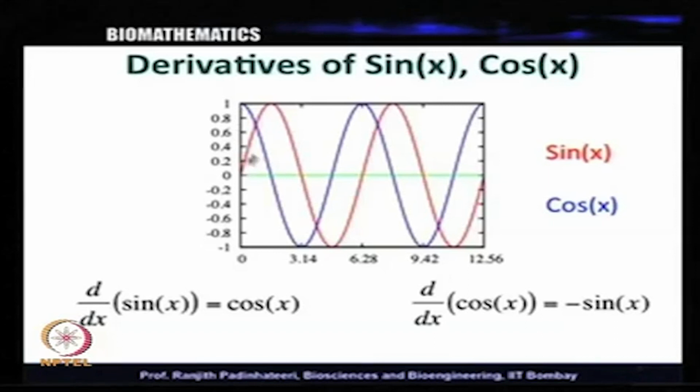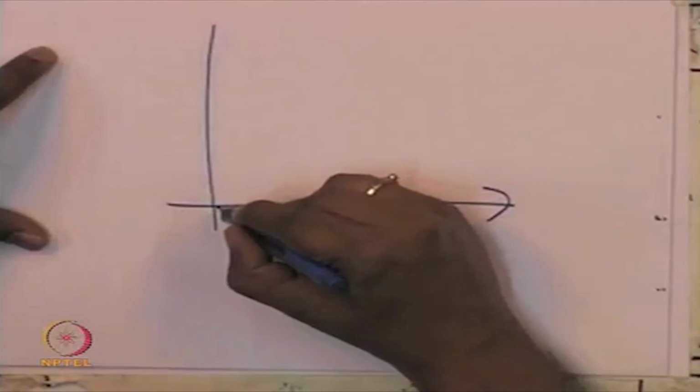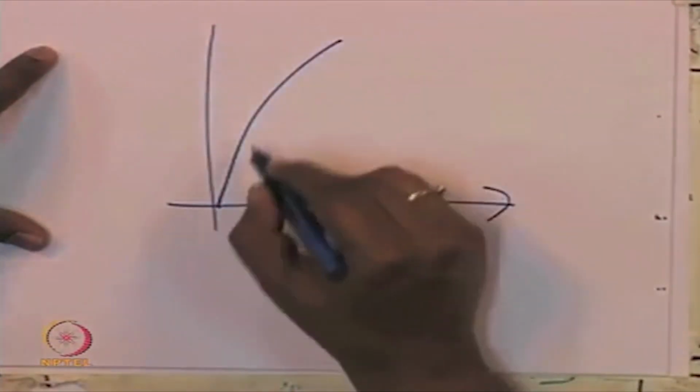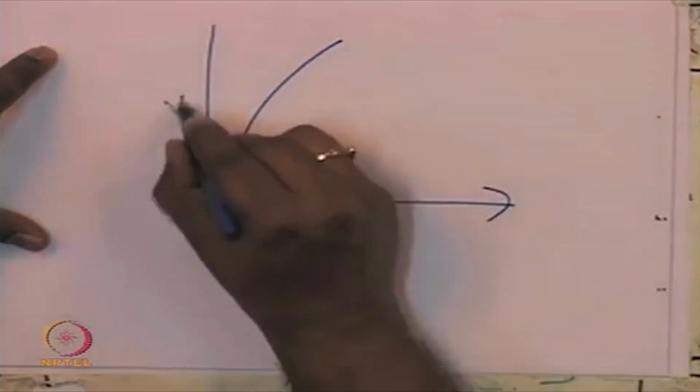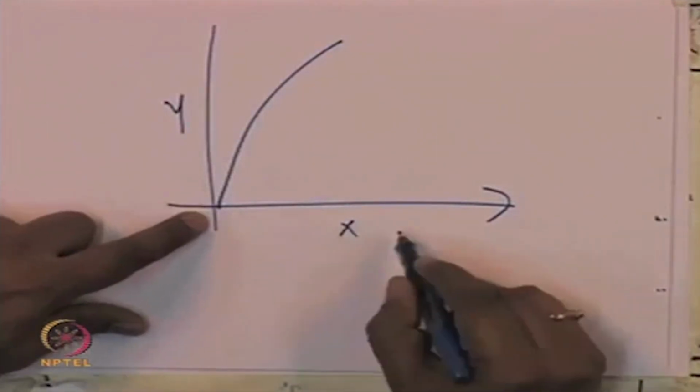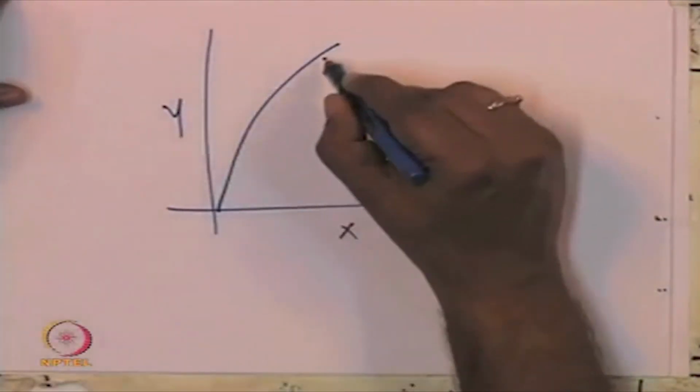Concentrate only on the red curve. When you look at the red curve, you can see that this is a positive slope. So, this is x and this is y. As x increases, y is also increasing.